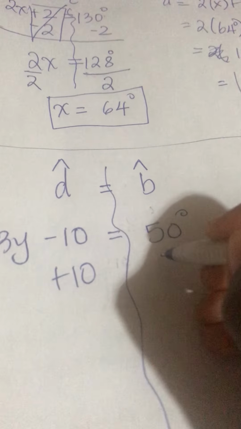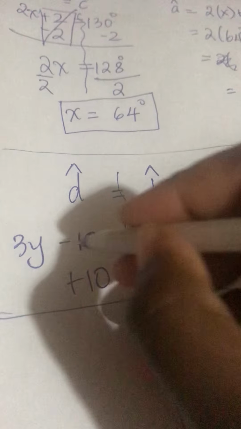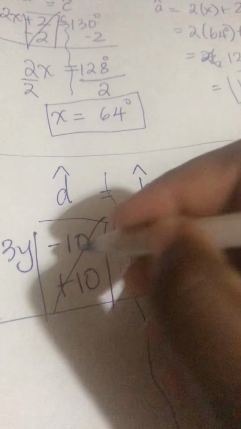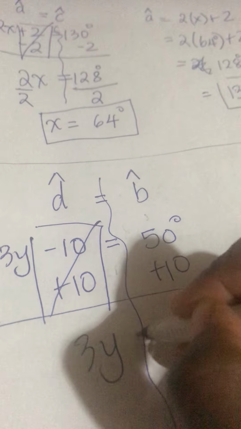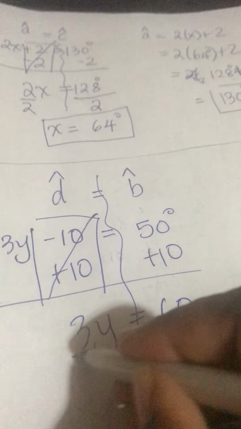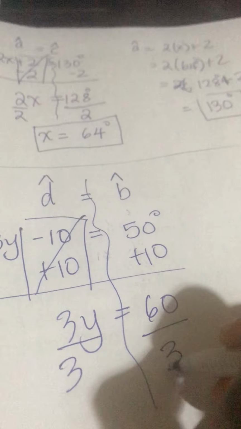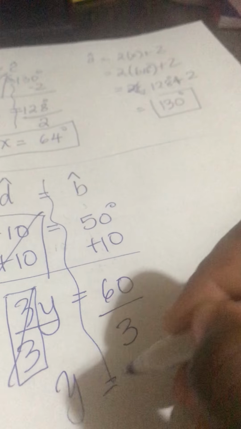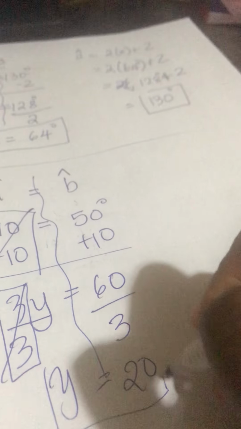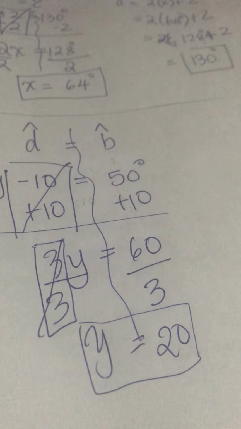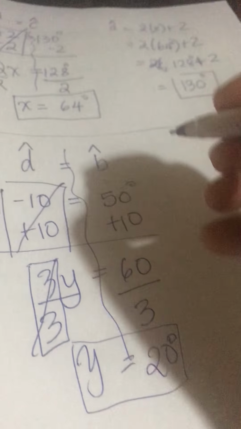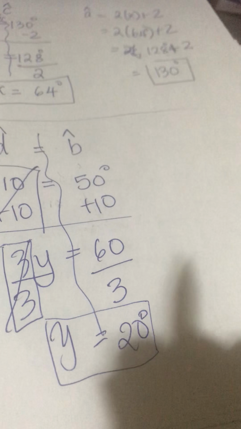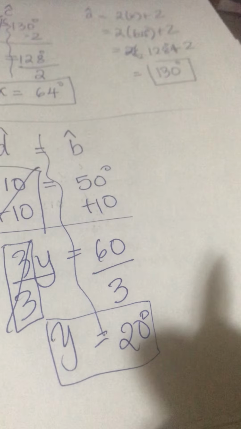Plus 10, plus 10. 3y equals to 60. Divide by 3. This goes away. Y equals to 20. You see that? 20 degrees. Don't forget your degree sign. If you don't, you'll be wrong.